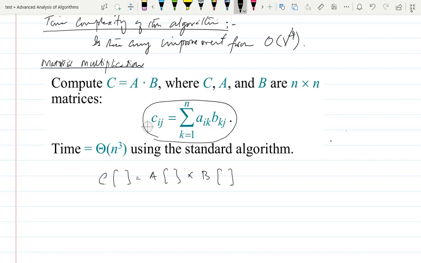We already know the time complexity of a simple matrix multiplication is big O of n cube, where n is the number of entries. For the sake of discussion, let's talk about n by n matrices. So the total time complexity to multiply will be big O of n cube.